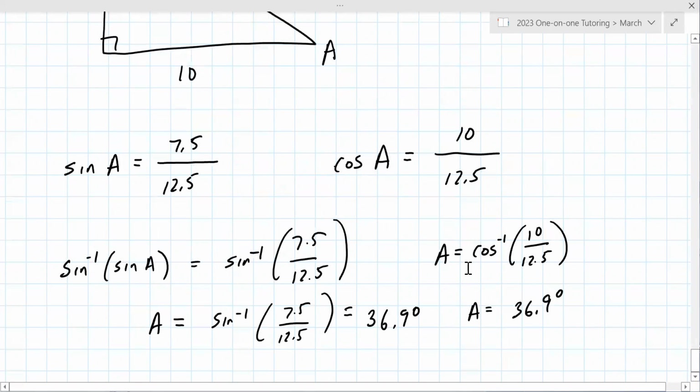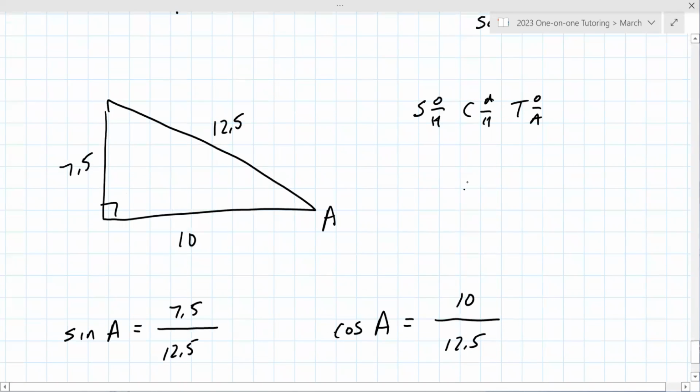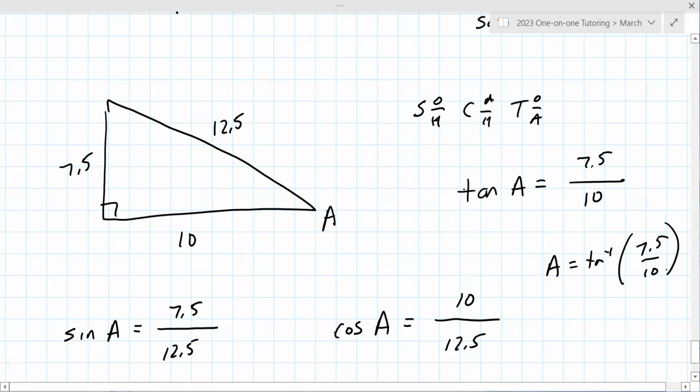And that's because I can use all three of them. So let's do the last one just to close this out, this part of finding angles. This time it's 7.5 over 10. So A is tan inverse of 7.5 over 10.